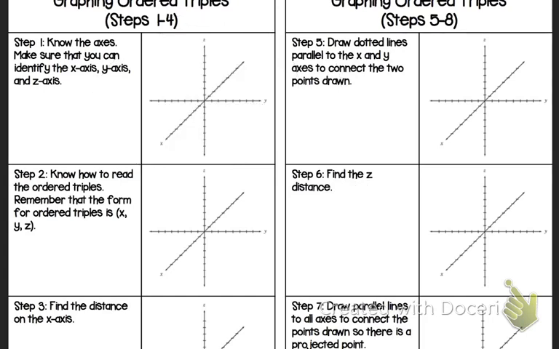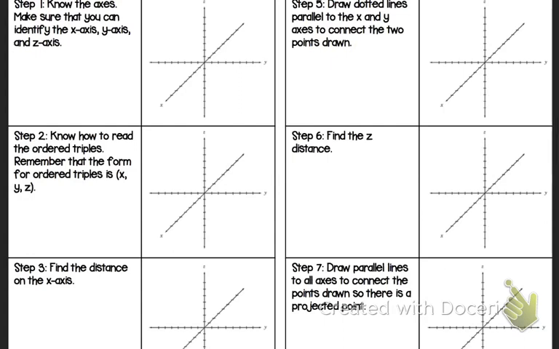Okay, so we have an x, y, and a z-axis. So if you're given an ordered triple, it's written in the form x, comma, y, comma, z. So for example, if we have the point 3, negative 5, and 7.